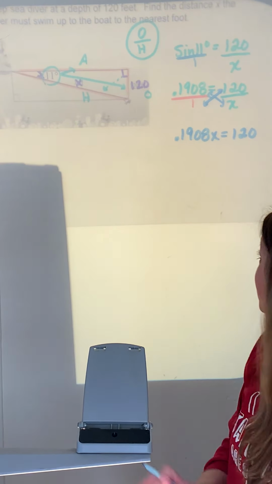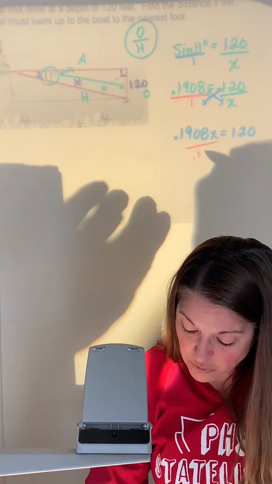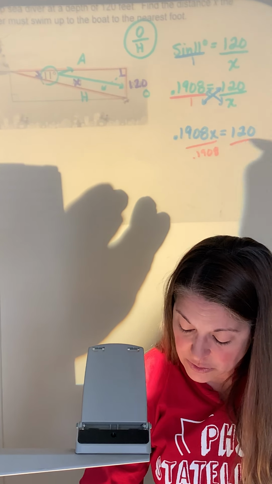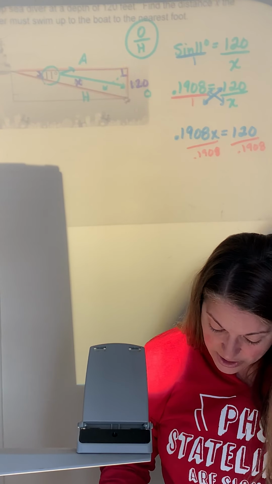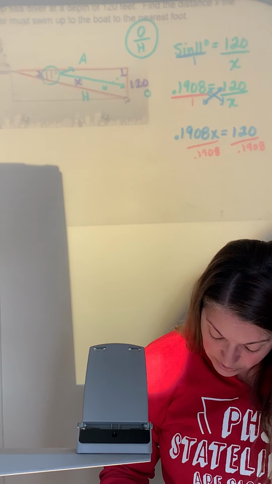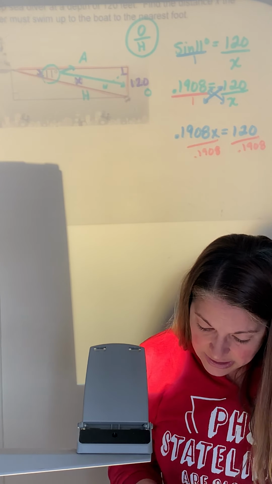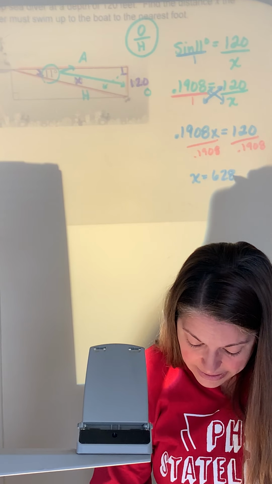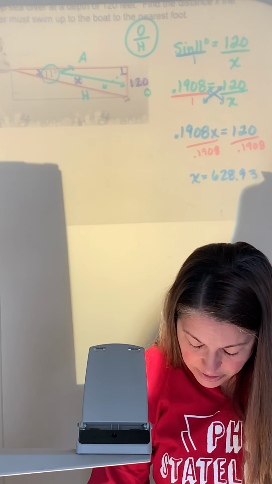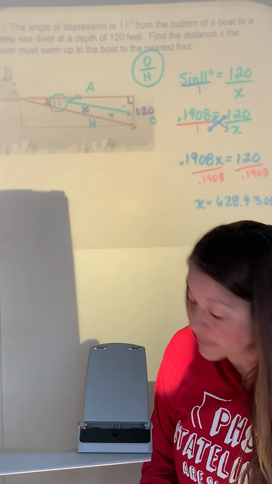Of course, we're going to have to divide by the 0.1908 onto both sides. So 120 divided by 0.1908. Let's see, we get 628.9308, yada, yada, yada.